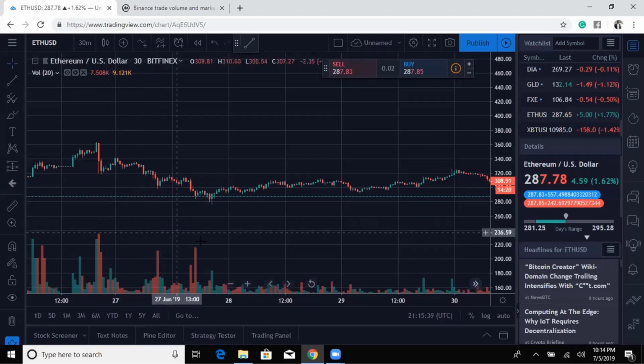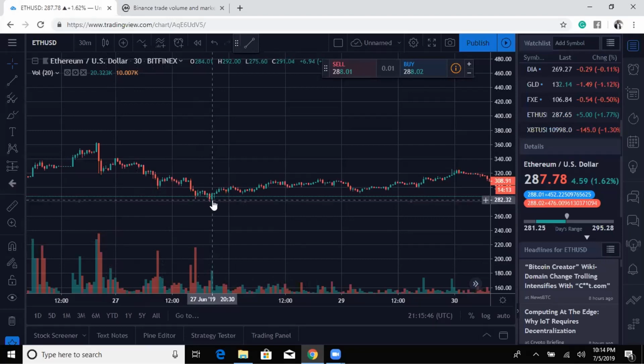So let's say, for example, on the 27th of June, someone was about to enter at these levels here, because using the 30 minutes on the 27th of June, they're seeing green candlesticks and it's going up.